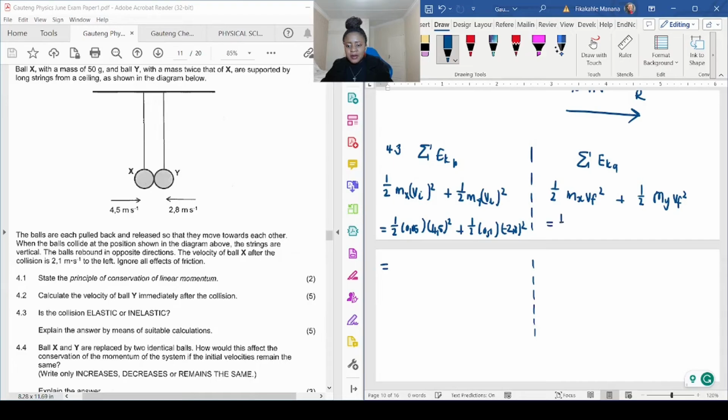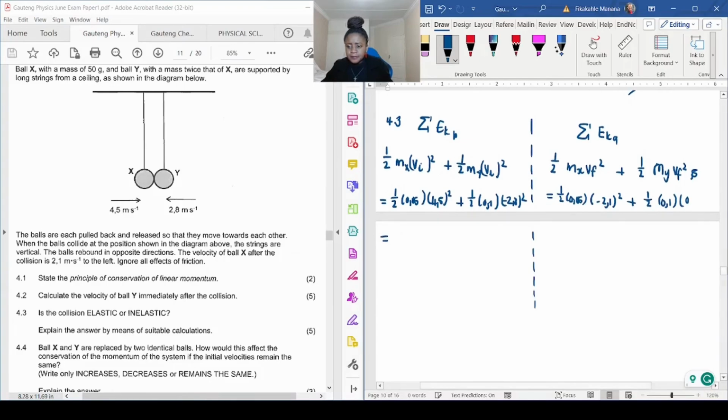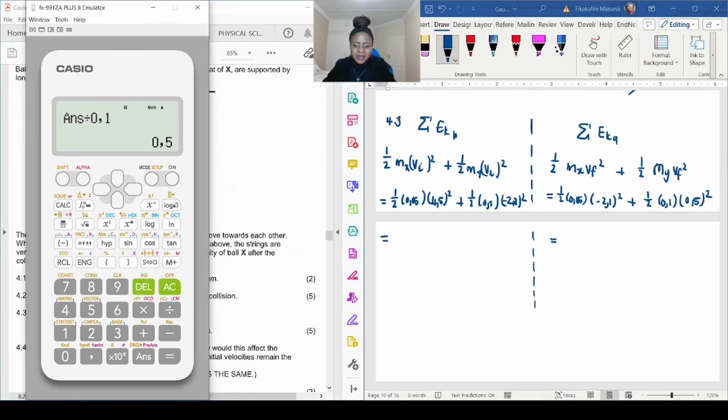And then here we have half 0.05, final velocity was negative 2.1 squared, plus half 0.1, final velocity we calculated was 0.5 squared. Okay, now let us work everything out.